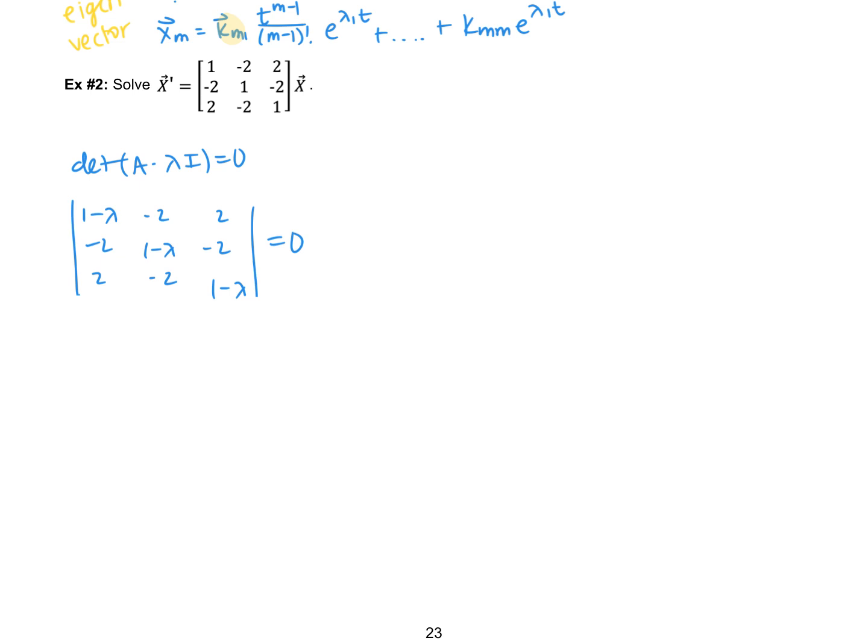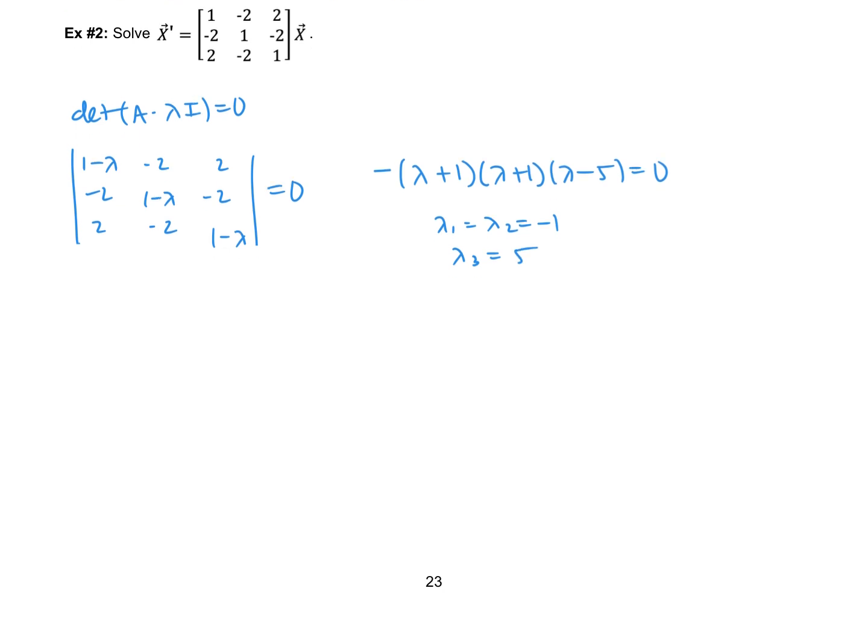So if you need to review finding this determinant, look back at the matrix review video. So when we multiply everything out and factor, this is what we get. So we see that our first and second eigenvalues are the same at -1, and then our third one ends up being 5.